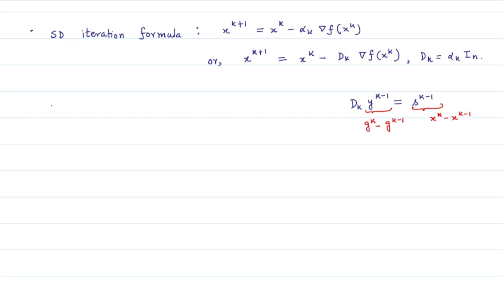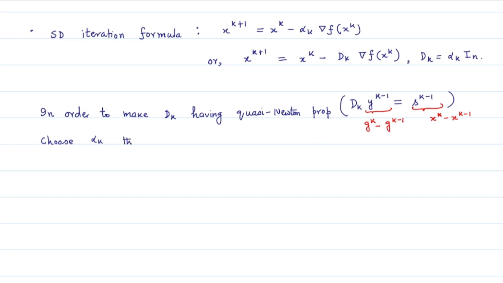So in order to make D_k have the quasi-Newton property, that is this equation, we choose alpha_k that minimizes the norm of s_{k-1} minus D_k y_{k-1}.